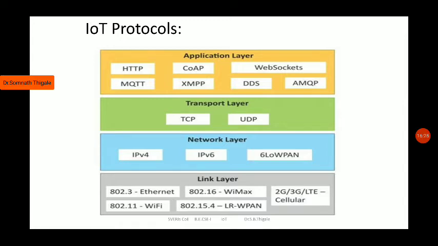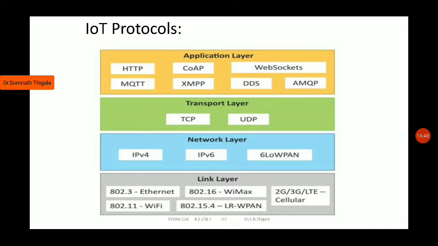Second is CoAP, which is known as Constrained Application Protocol. Simply remember, in CoAP the O should be small. As the name suggests, constrained means some limitations. So basically it is used for machine to machine applications, that is M2M.